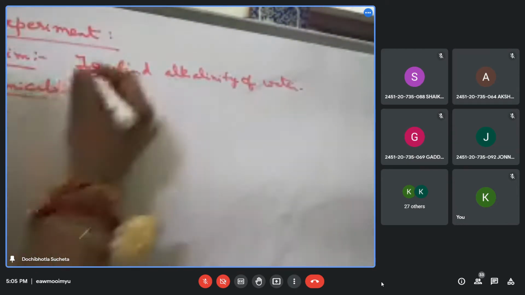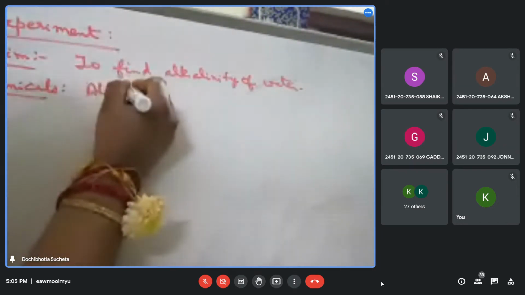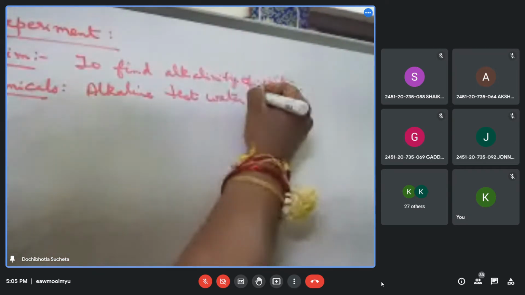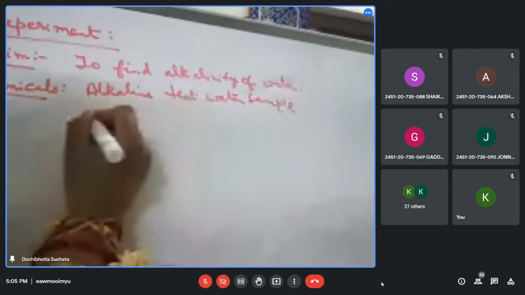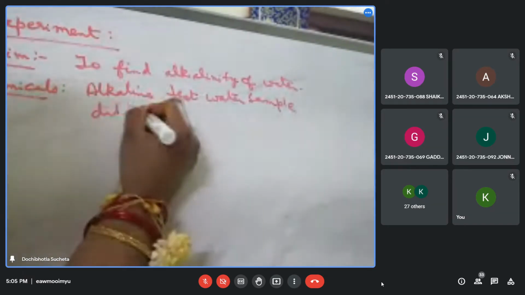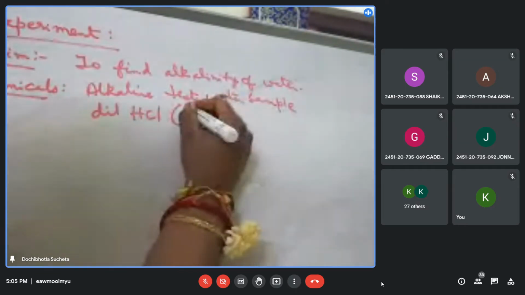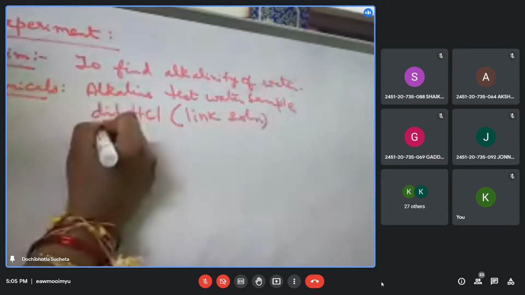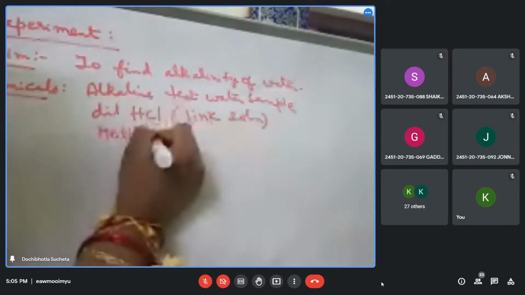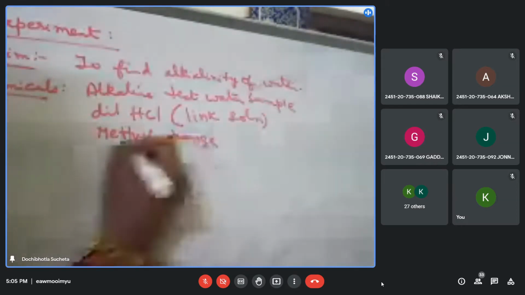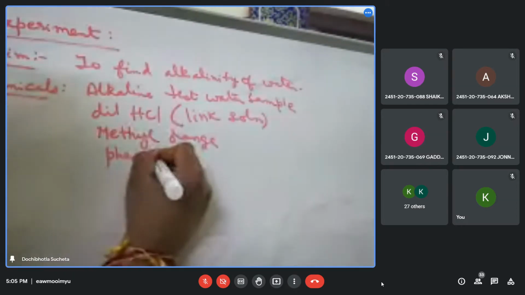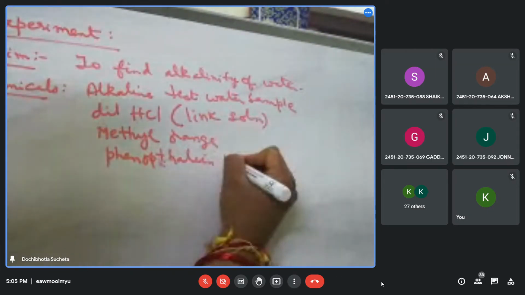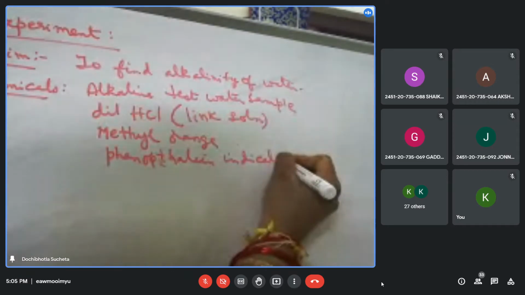The chemicals are the alkaline test water sample, then dilute HCl, which you'll call the link solution, and methyl orange and phenolphthalein indicators. These are the chemicals I'll use.